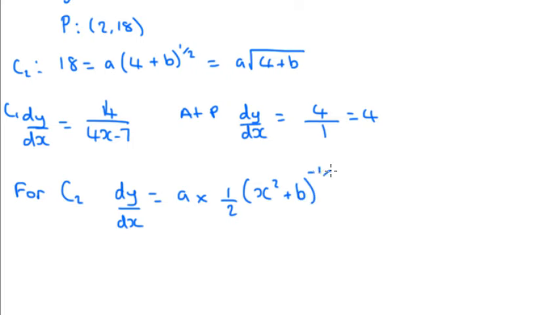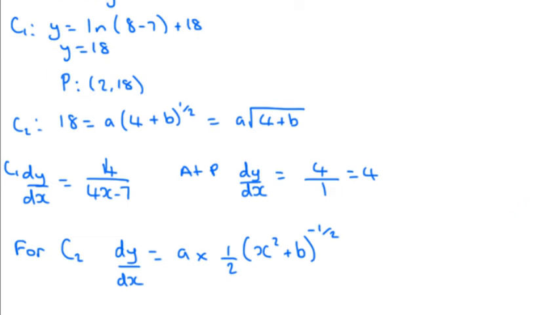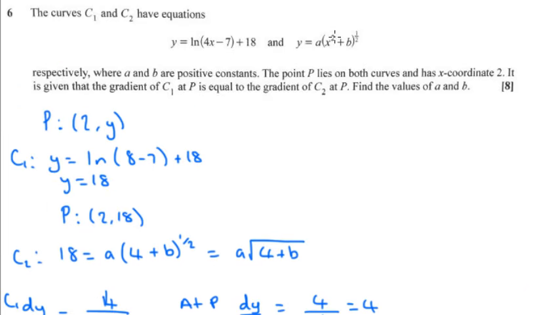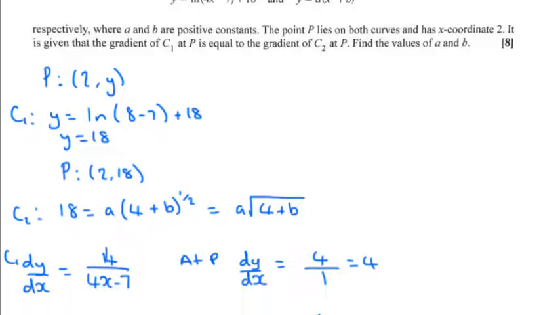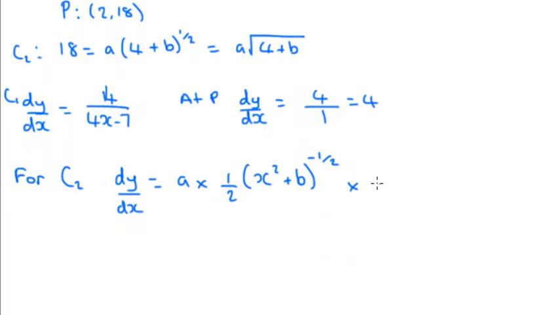It's going to become negative a half. But we're also going to times by the differential of the bracket, so times by 2x. If we tidy that up, the half and the 2 are going to cancel. So we're going to get ax times (x squared plus b) to the power of negative a half.